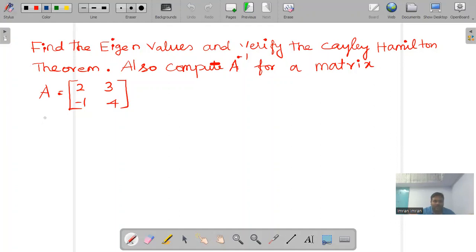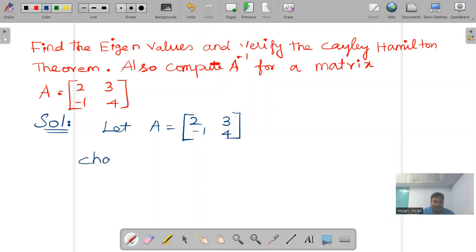First of all, we have to find the eigenvalues for the given matrix. Let A equal to 2, 3, minus 1, 4. To find the eigenvalues, we have to know the characteristic equation.